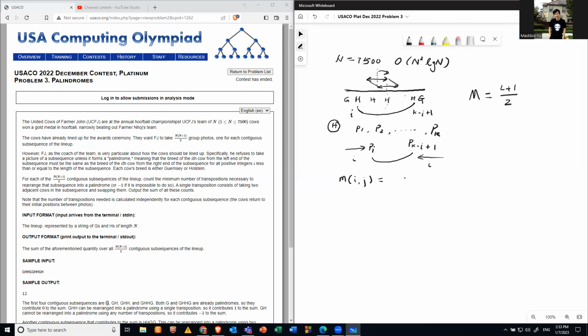So you have to move M minus P of I plus M minus P of J, right? Actually, sorry, other way around. P of J minus M, and because J is here, I is here, it actually has to take the absolute value.